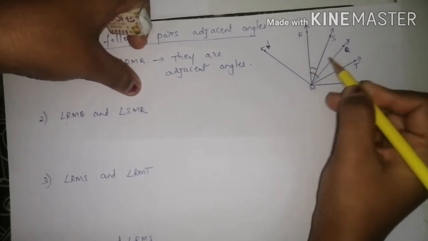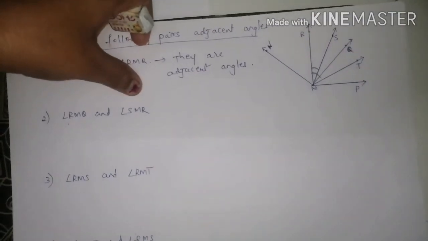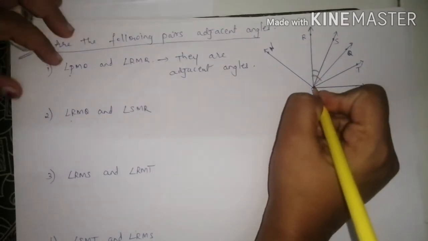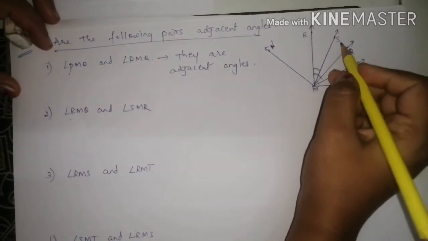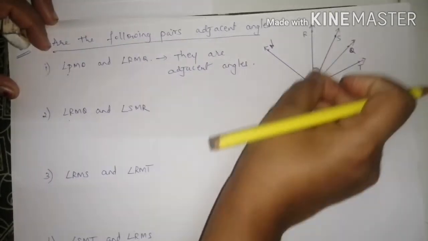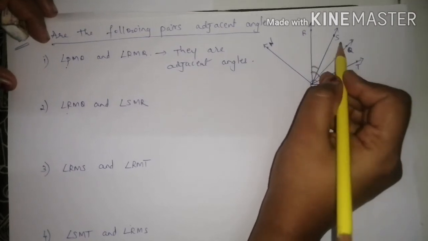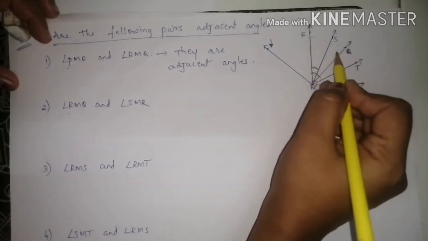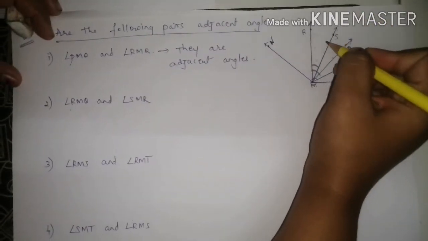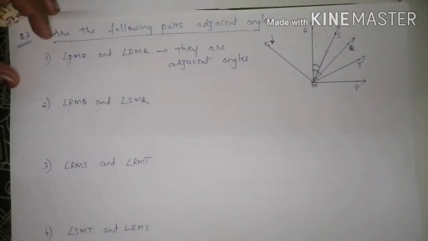SMR means this one. This angle is coming inside the other angle, so their interiors are not separate. They have common vertex M, but one is a big angle and the other one is coming inside it. The smaller angle's interior is this portion, which is inside the bigger angle, so their interiors are not separate.